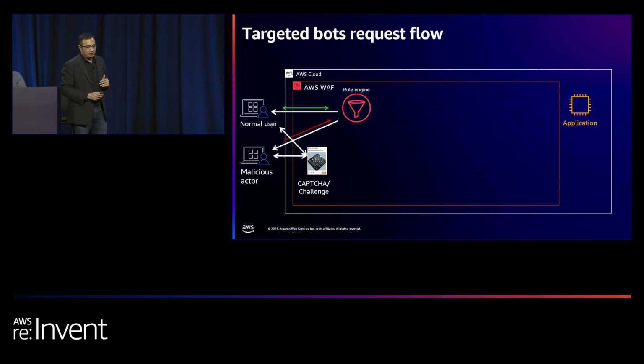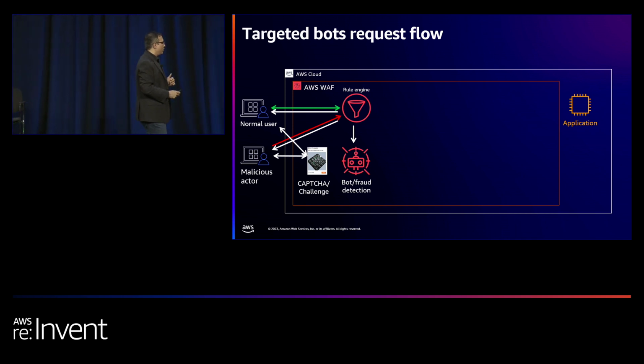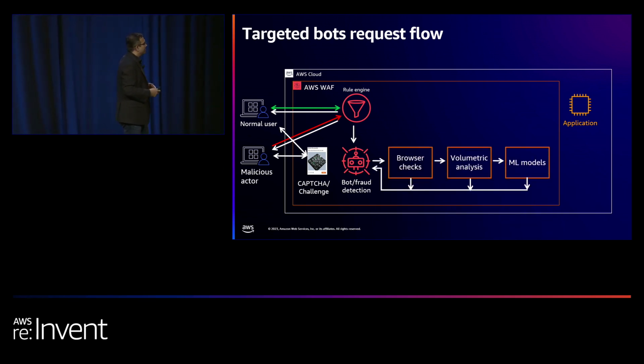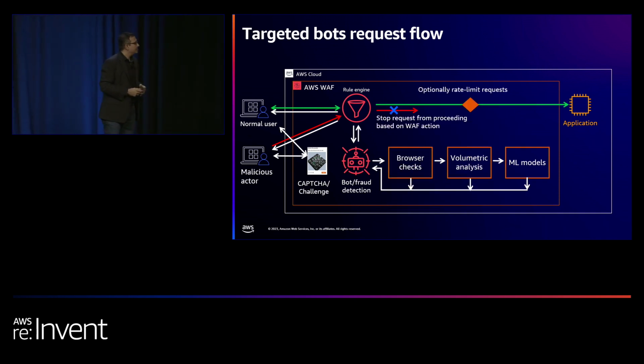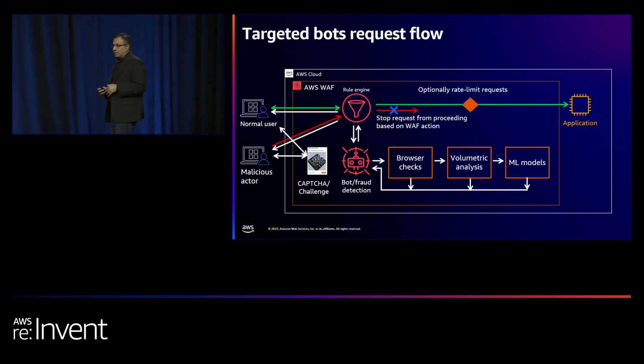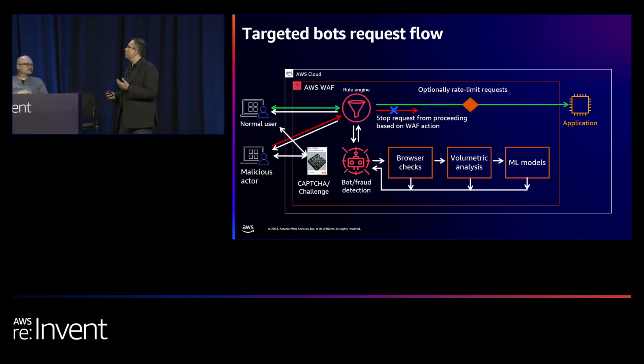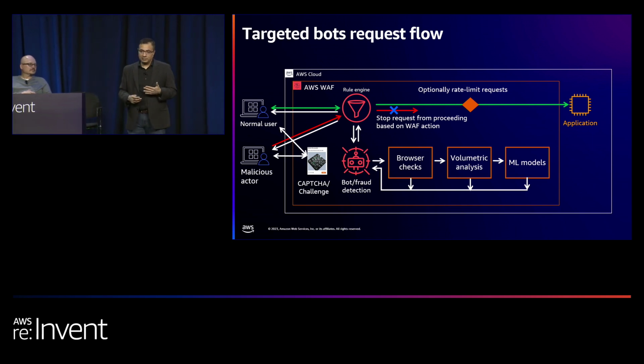When this is solved, the request comes back in and is inspected by the bot detection services. A bunch of rules are run. The result is emitted back, and based upon the actions and labels, you can make a determination to rate limit, block, or allow the requests.